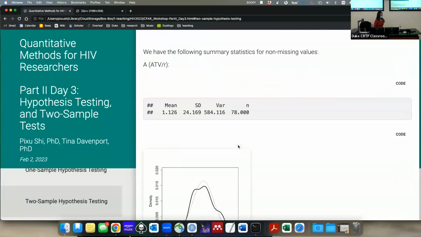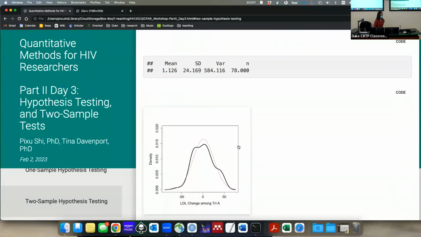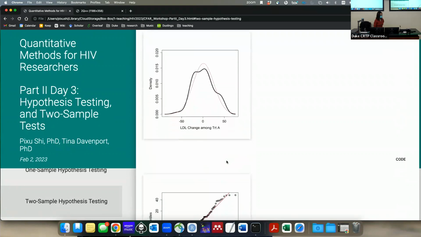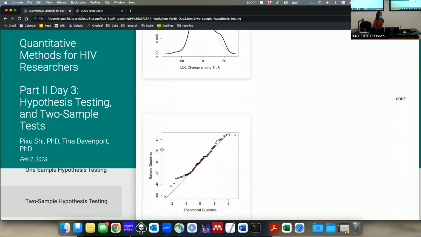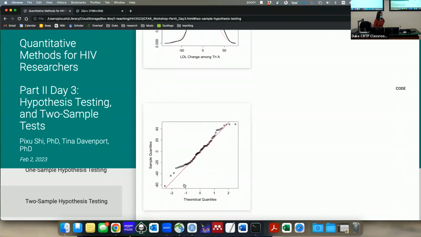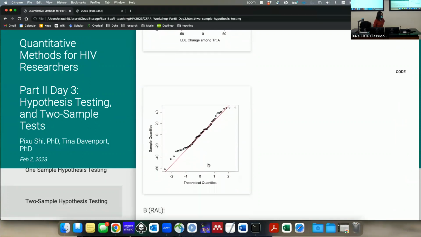And I'm summarizing the distribution of the data again using this density plot, which is basically the shape of the histogram in a finer format, and checking the normality of the distribution using qqplot. This is okay, not too bad.